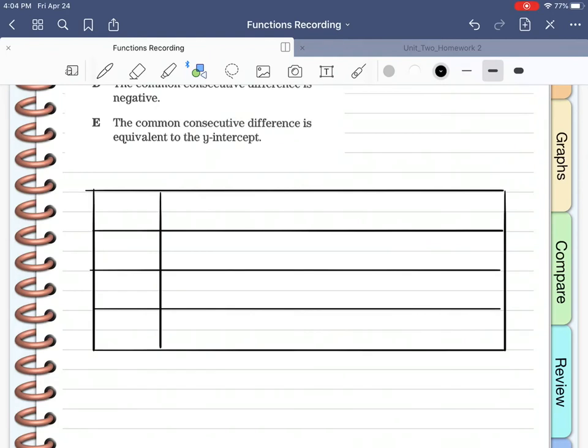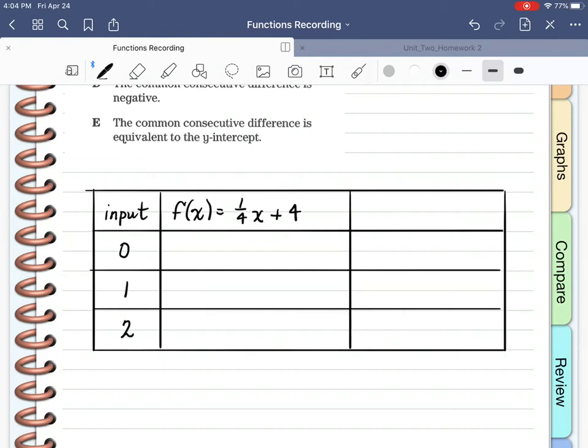So to set this table up, you need 3 columns that I've drawn here. The first, of course, is your input column. And I'm going to use a 0, a 1, and a 2 on this one. The function is what we are given, and that is 1/4 x plus 4.